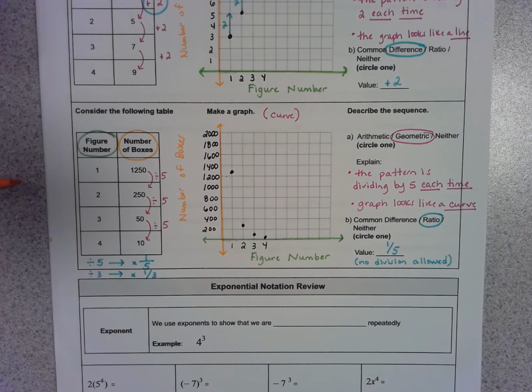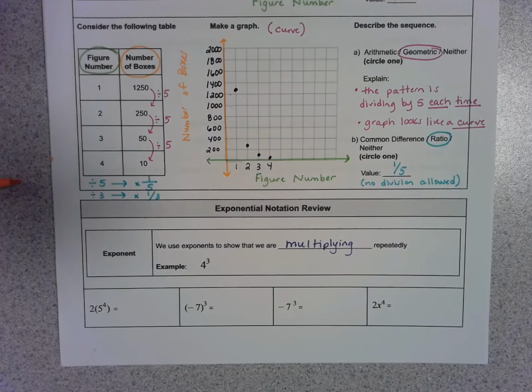Okay, now that we've talked about and practiced looking at a table, looking at a graph, and using some vocabulary to describe it, I'd like to go through some information that we need to know about exponents, because exponents are one of the things coming up in future videos that we're going to use a lot to describe our patterns. An exponent shows that we are multiplying repeatedly.